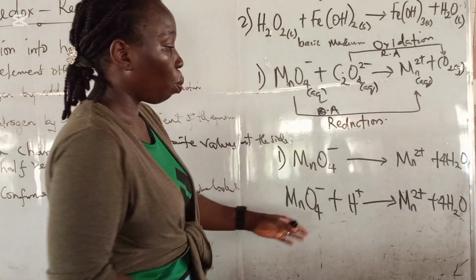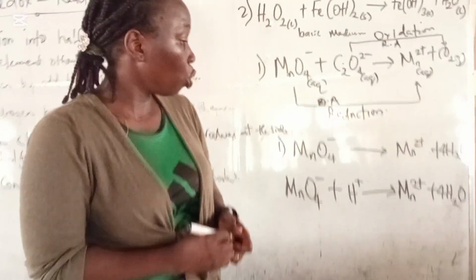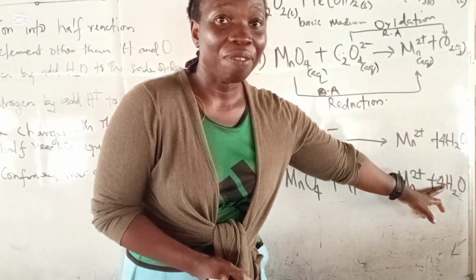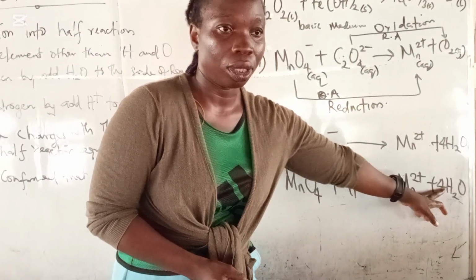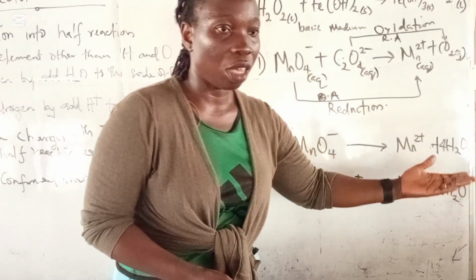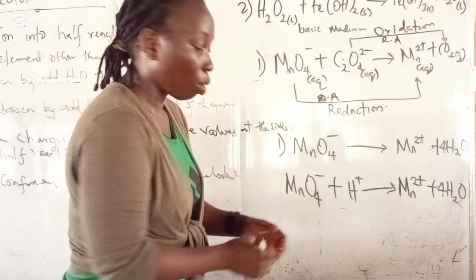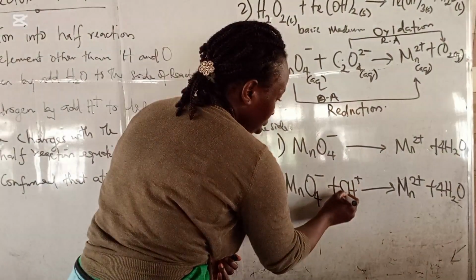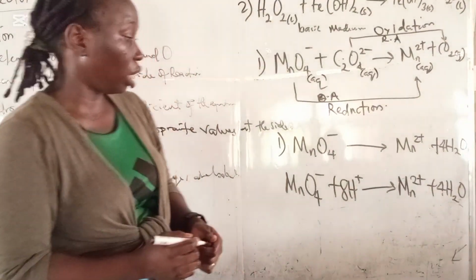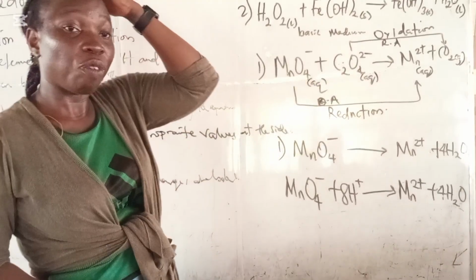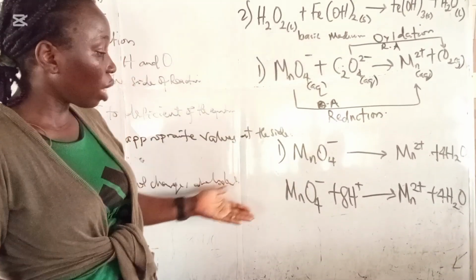So it means we are going to balance the hydrogen. And how do you balance? Here we have 8 hydrogen atoms because 4 times 2 will give us 8. So we are going to put 8 here so that we will have 8 hydrogen atoms. So have we balanced the atoms? You look at it.